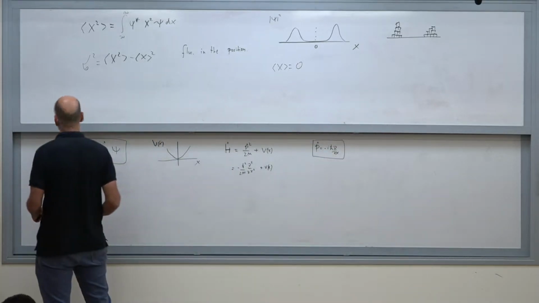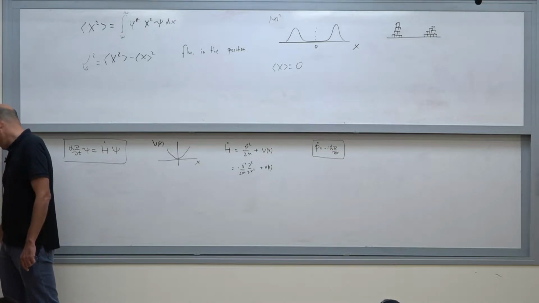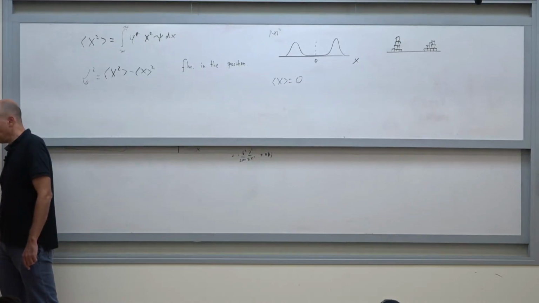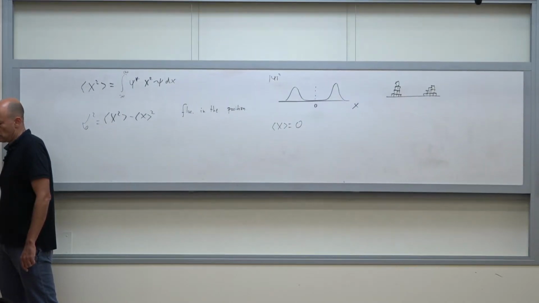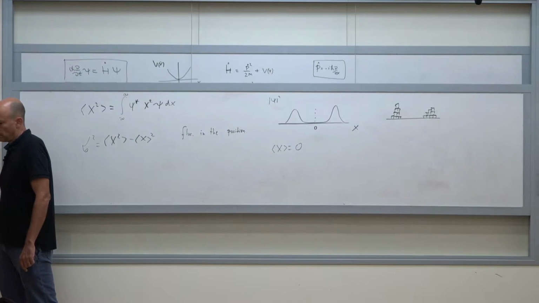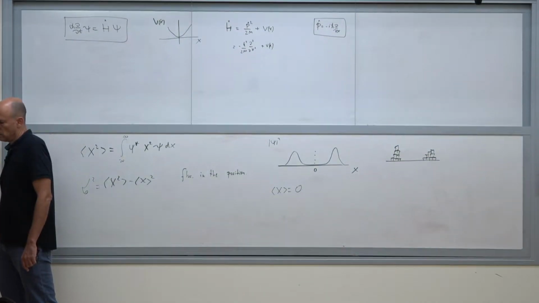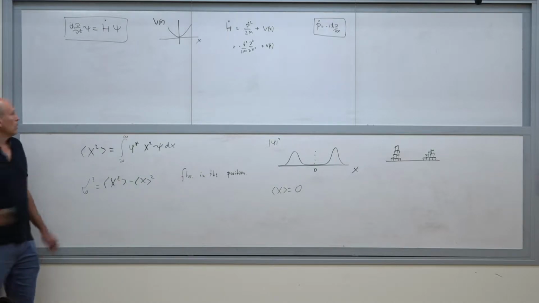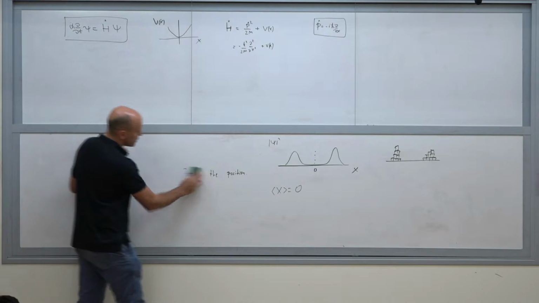One property of the Schrodinger equation, which is important but also trivial, is linearity. So the Schrodinger equation is linear.